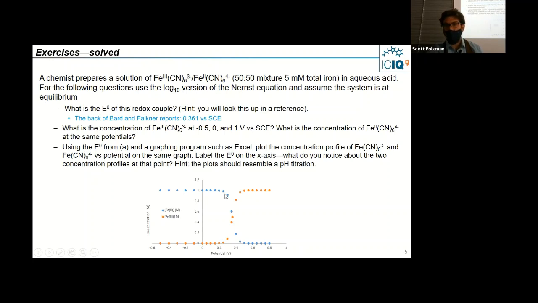As we approach the E0, the concentrations become equal, and then the iron 2 state all becomes oxidized, and it all becomes iron 3 plus. So that was just to calibrate yourself on these potentials. Again, I mentioned last time that these resemble a pH titration, where it has this sigmoidal shape. Now again, these are all thermodynamic values.